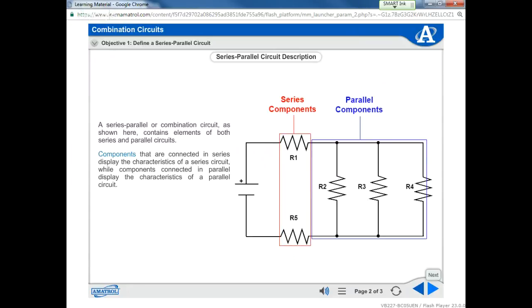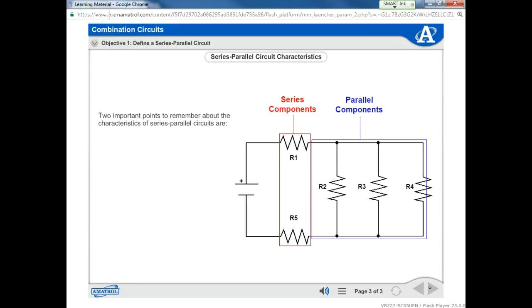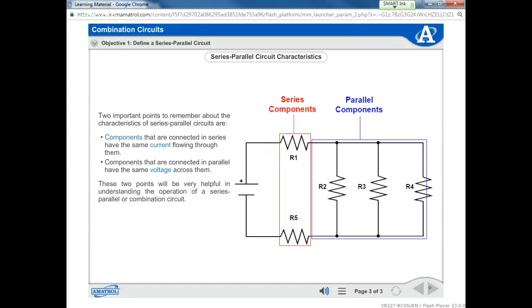Two important points to remember about the characteristics of series parallel circuits are: components that are connected in series have the same current flowing through them, and components that are connected in parallel have the same voltage across them. These two points will be very helpful in understanding the operation of a series parallel or combination circuit.